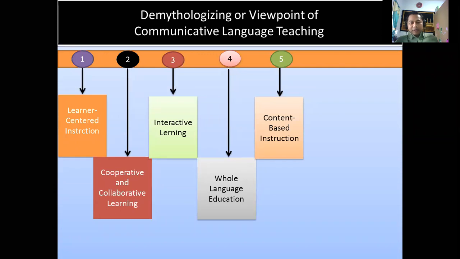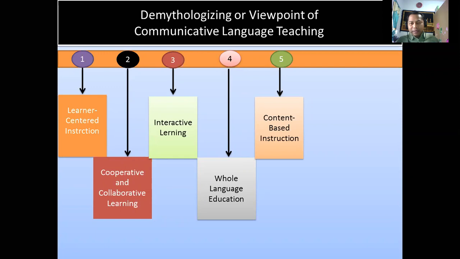The presenter just now explained something like studying geography using English. The point is not to study English, but to study geography using English. That's content-based instructions. Something like us this morning.